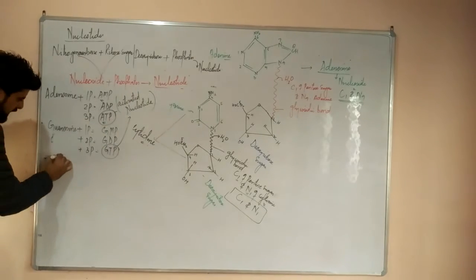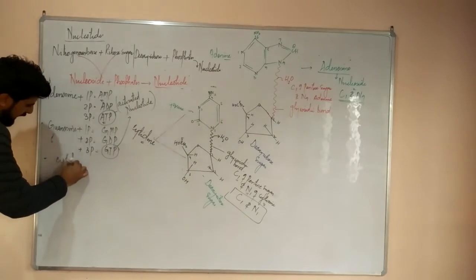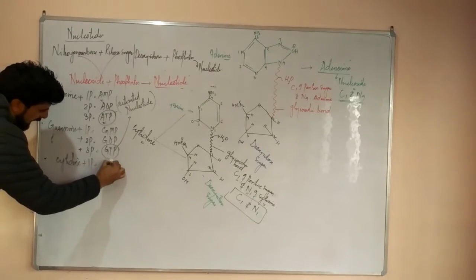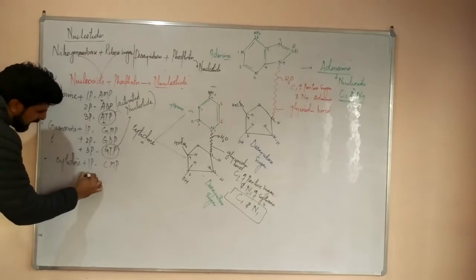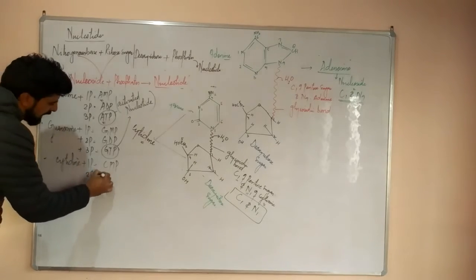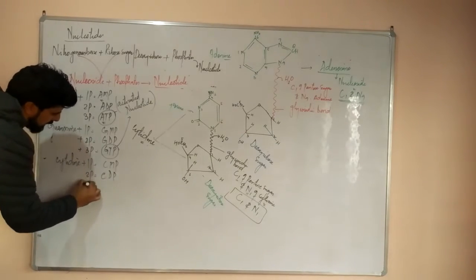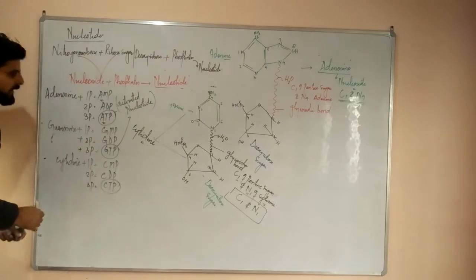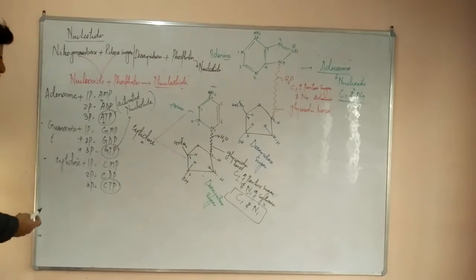Similarly, if we have a cytidine as a nucleoside, if it combines with one phosphate, it gives CMP, cytidine monophosphate. If two phosphates, then it is known as cytidine diphosphate. If three phosphates, it is known as CTP, cytidine triphosphate. It is an active form of the nucleotide.